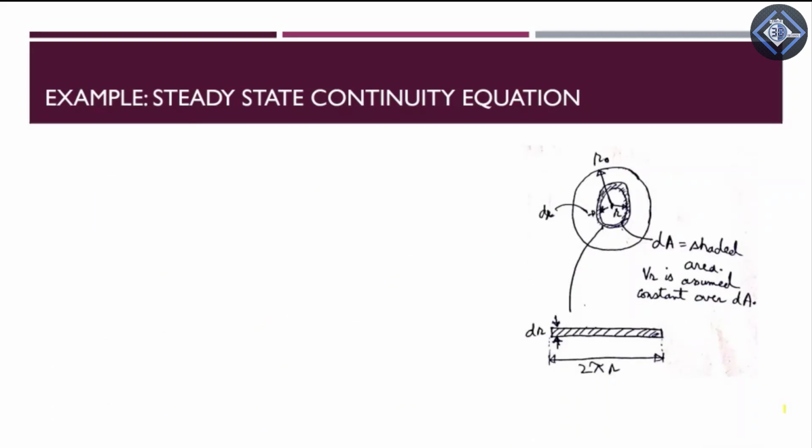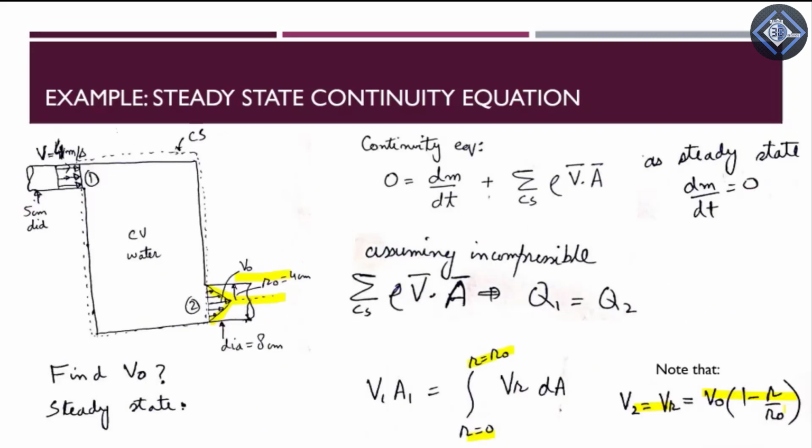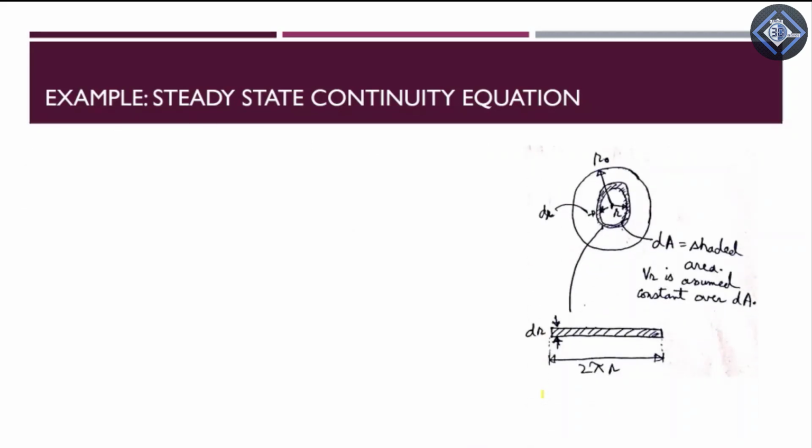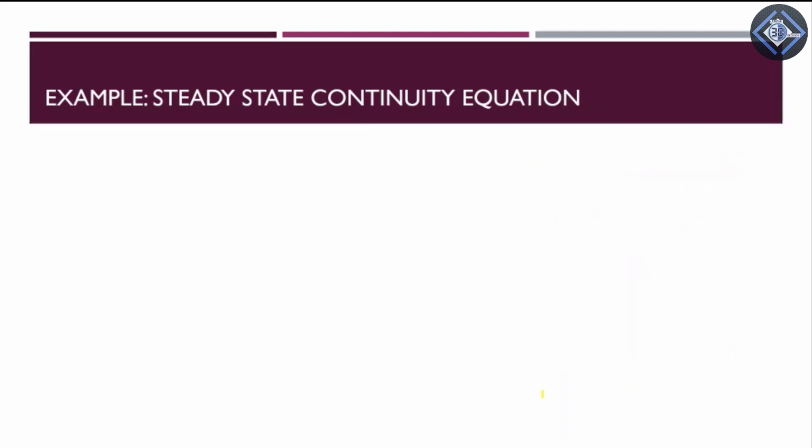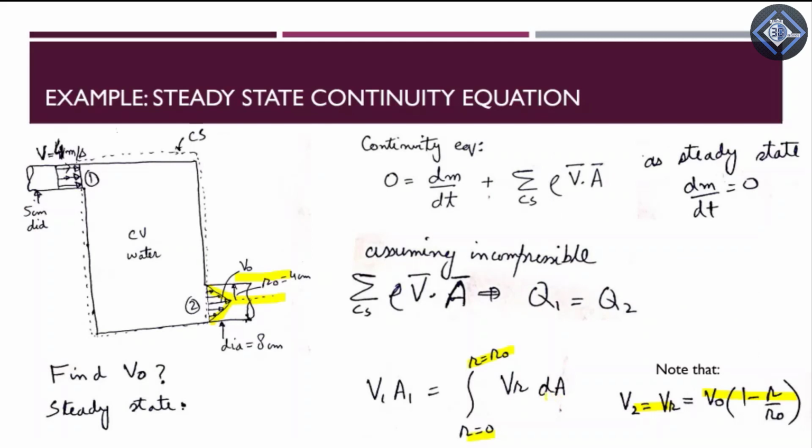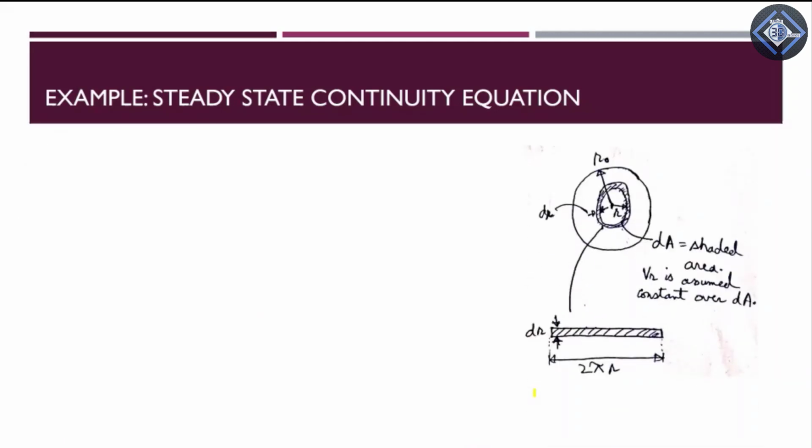So to calculate this integral, we have to define what is this area. How to define this area? We see this figure. We have to integrate over this circular area, and the incremental area dA is the area where we can assume the velocity vr to be constant over the whole area.